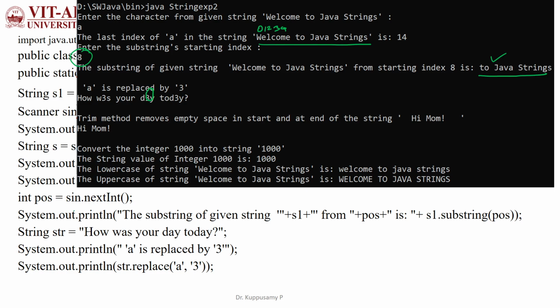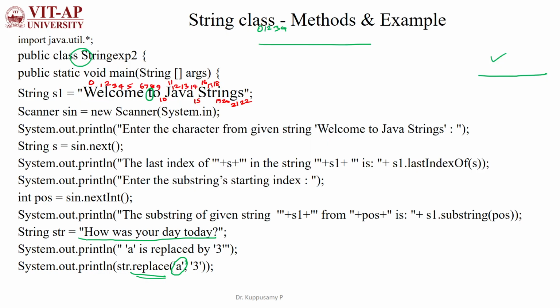The next one is the replace method. The replace method is used for replacing a particular character in the given string. The given string is "how was your day today". From this string I want to replace the a by 3.